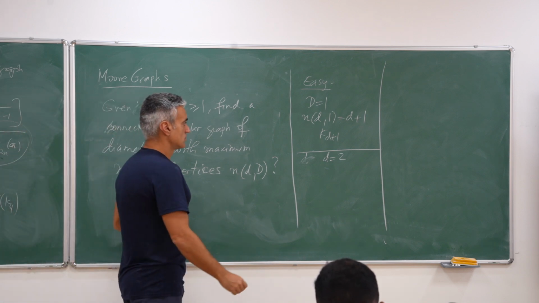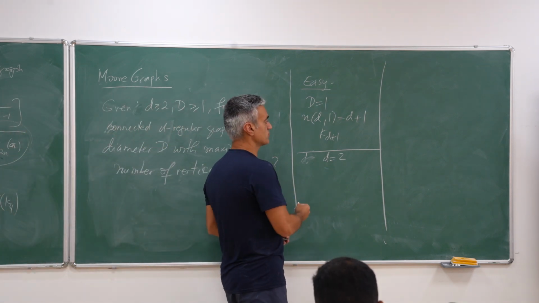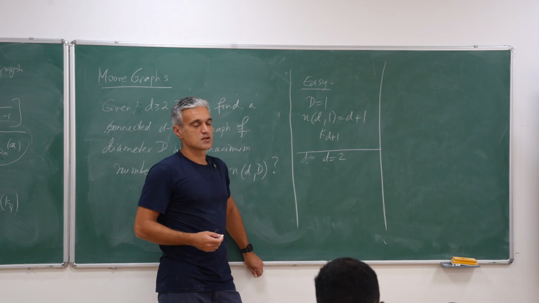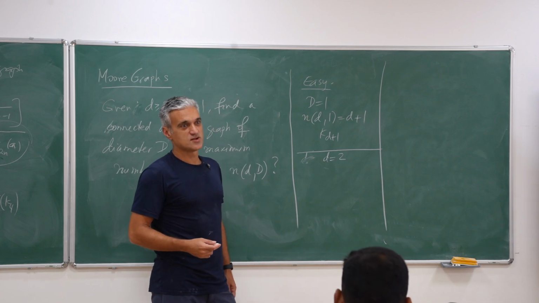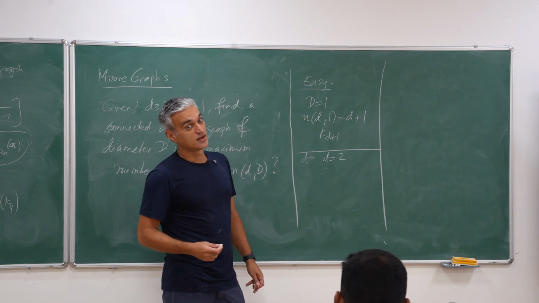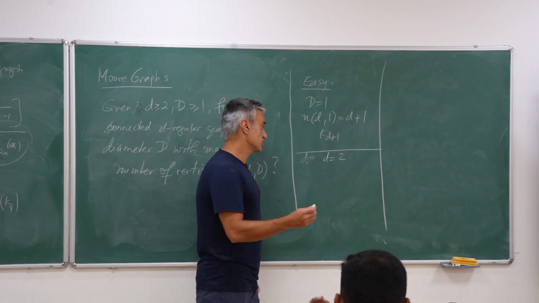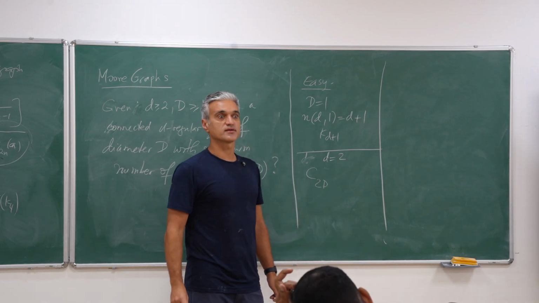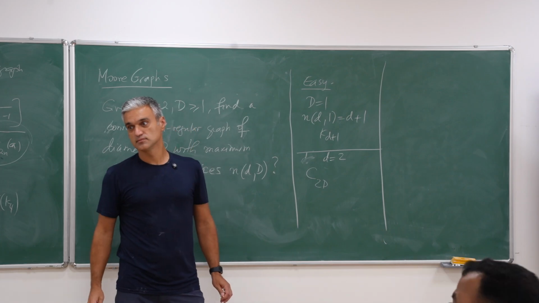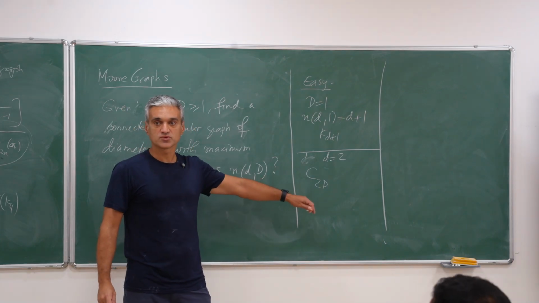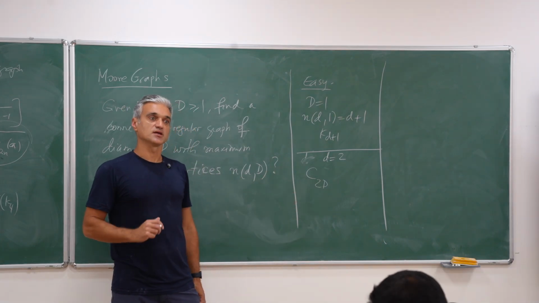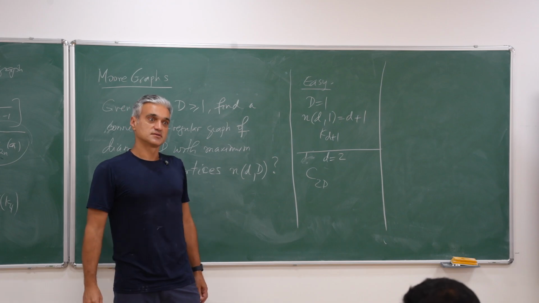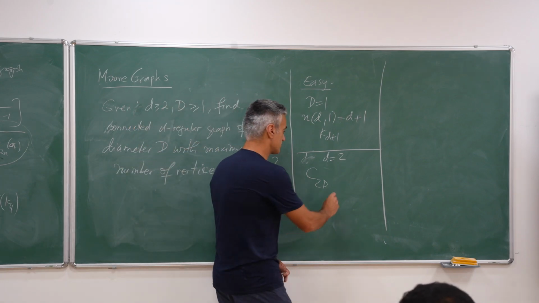Cycle. So which cycle? If I give you the diameter D, he says cycle with 2D vertices. Can you do better than that? The cycle with 2D vertices is 2-regular and has diameter D. Can we make a bigger graph? Cycle with 2D plus 1.